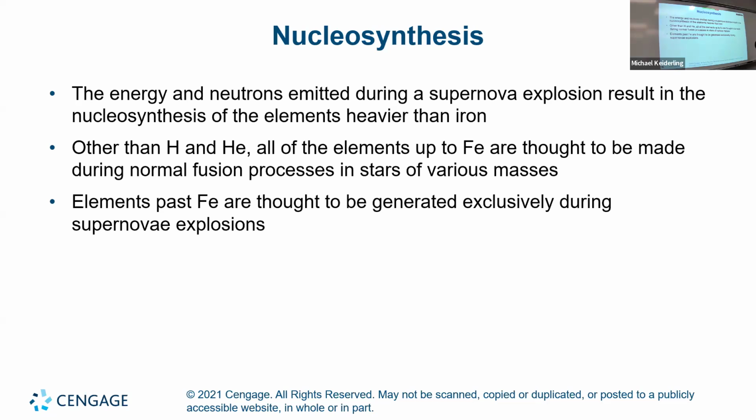Part of why lithium is really rare is that making more lithium needs supernova explosions. And elements past iron are thought to be generated exclusively during supernova explosions. Again, the actual process is a bit more complex and has some additional steps, but supernovae are involved.